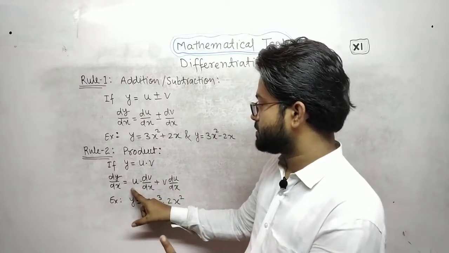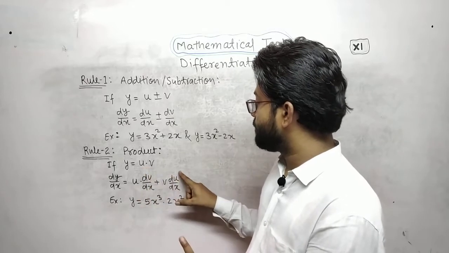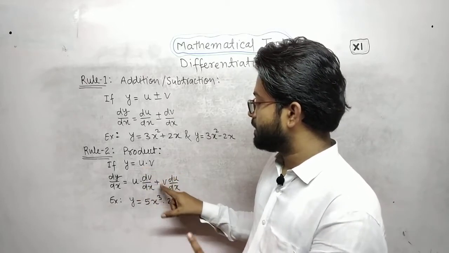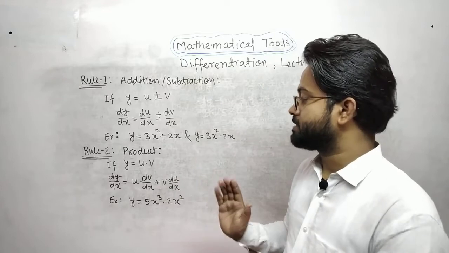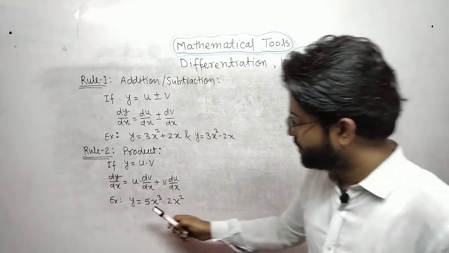First function as it is, differentiation of second function, plus differentiation of first function into second function as it is. This is the rule, and you just need to remember it.